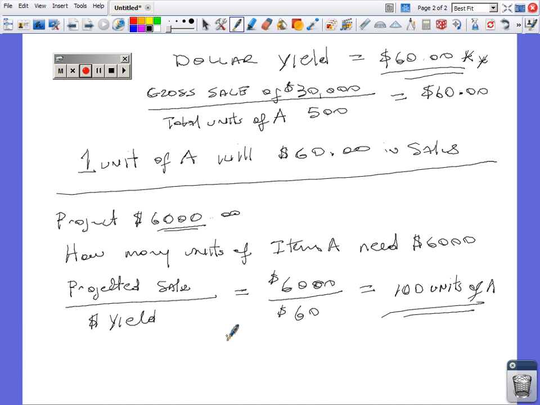Pretty simple. This is method number 1 for using dollar yield.